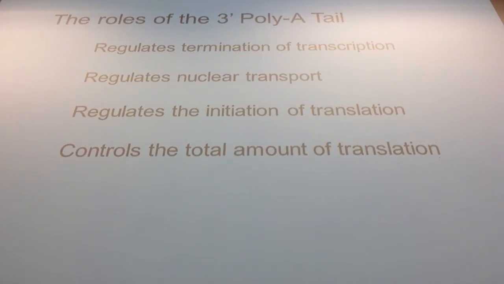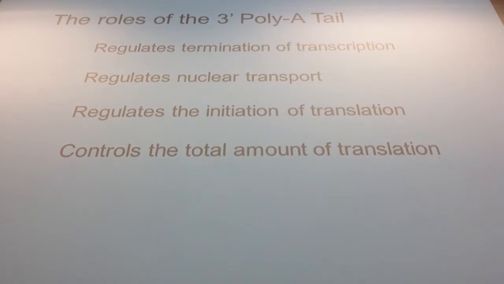Nuclear transport. In addition to the cap, and like I said, 99% of the mRNAs contain a cap, 100% of mRNAs contain a poly A tail. So along with the cap, the poly A tail also needs to be present to signal that this mRNA needs to be transported or delivered to the cytosol.